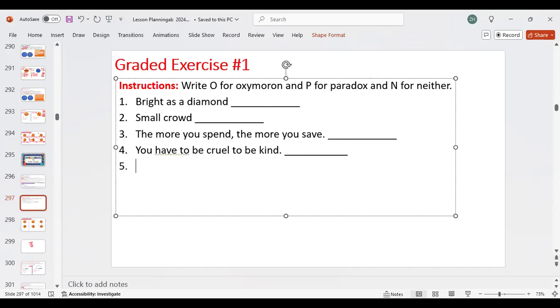Number 5, deafening silence. Number 6, swift as a gazelle.